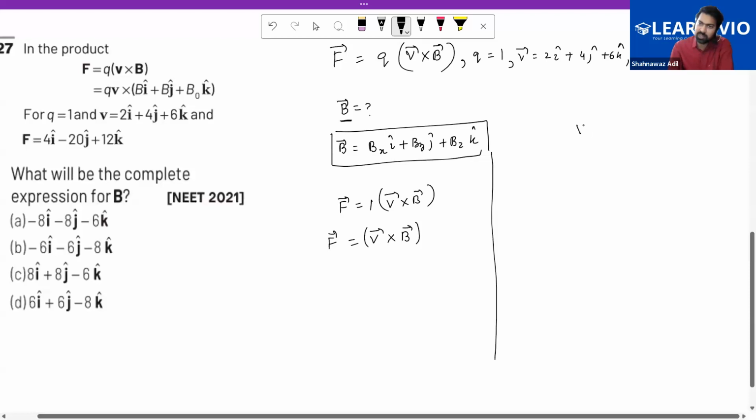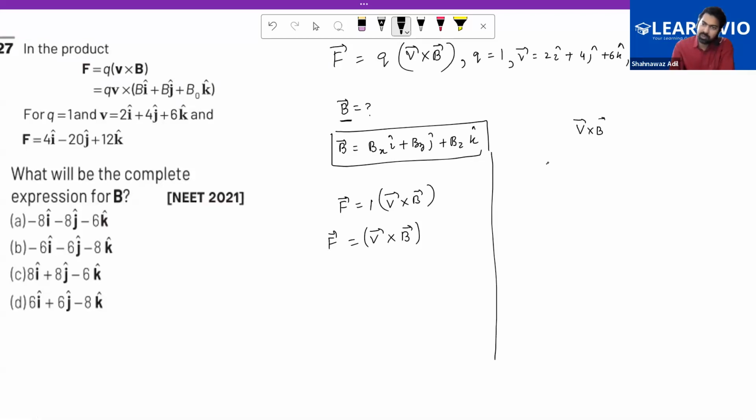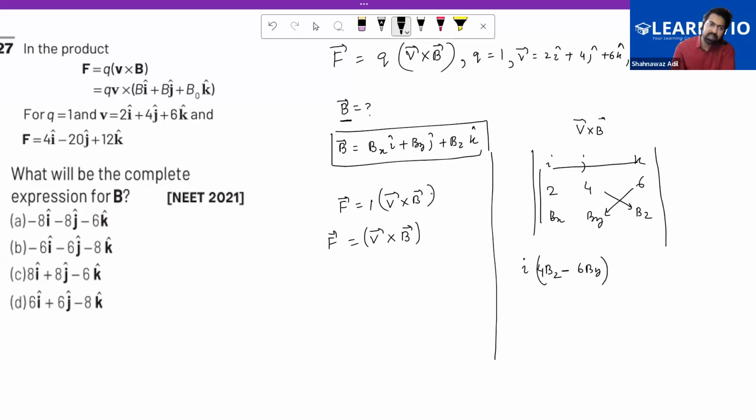And we know what v cross B would be. If we write v cross B, this would be i, j, and k, and then v is 2, 4, and 6, and B is Bx, By, Bz. So for i hat, we get 4Bz minus 6By. Then minus j hat, and this would be 2Bz minus 6Bx.